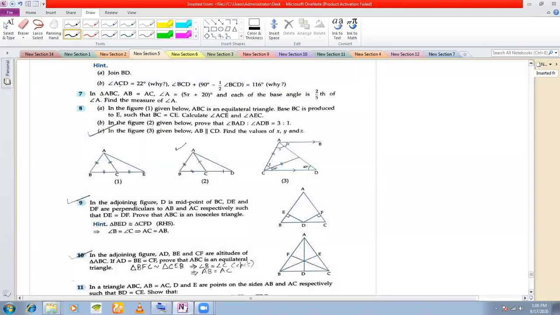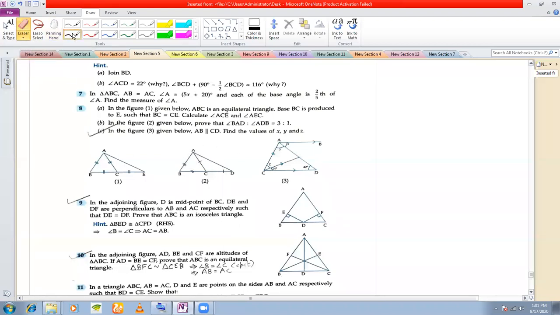Let's see what the question is. In the figure given below, prove that angle BAD is to angle ADB is equal to 3:1. So ratio of which two angles? BAD, this angle, is to ADB, this angle. Ratio of these two angles you need to show is 3:1. So let's see how to do.